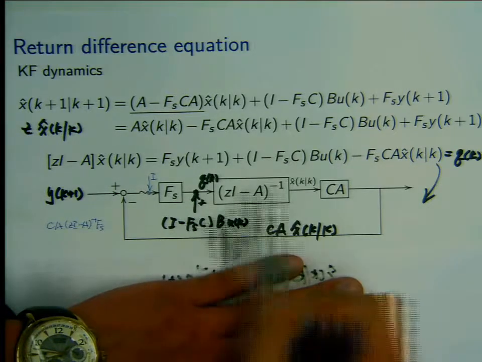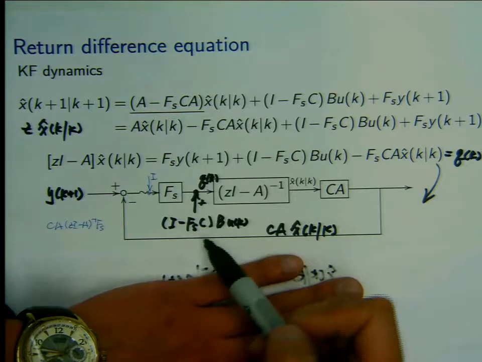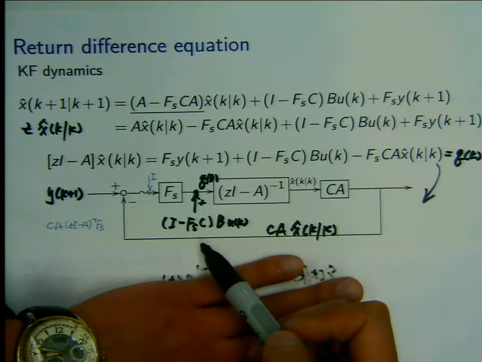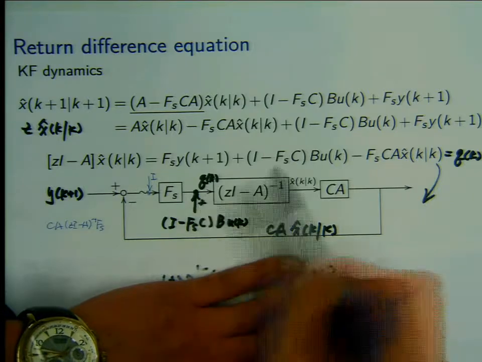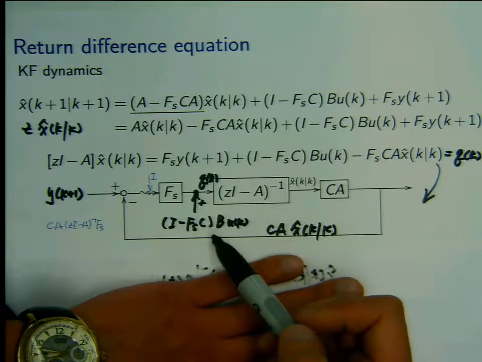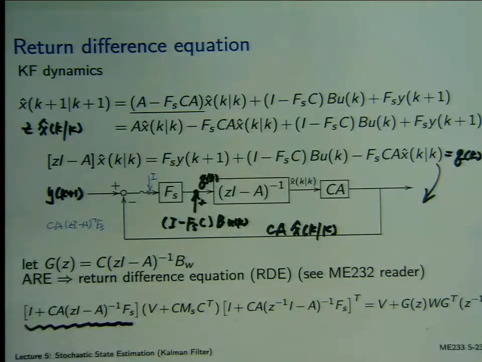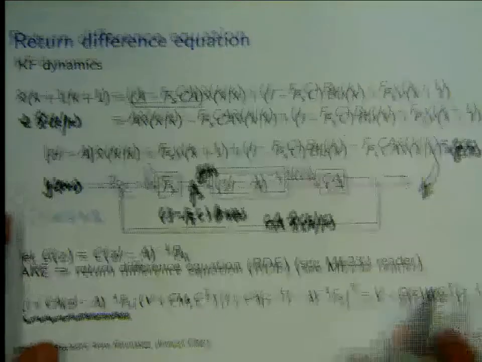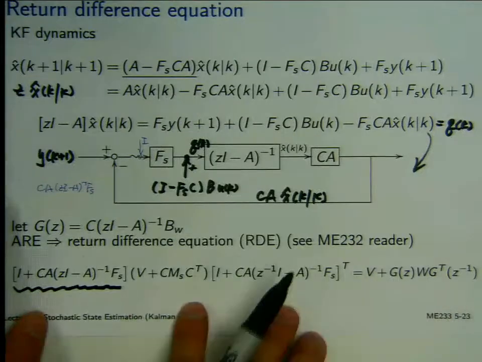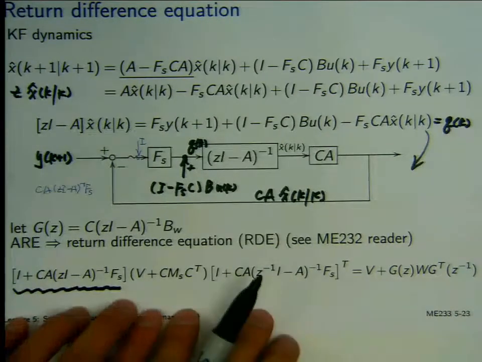There's no additional term. So after I added this one, these two are equivalent. Okay? So if that is clear, let me come back to this return difference equality equation here.